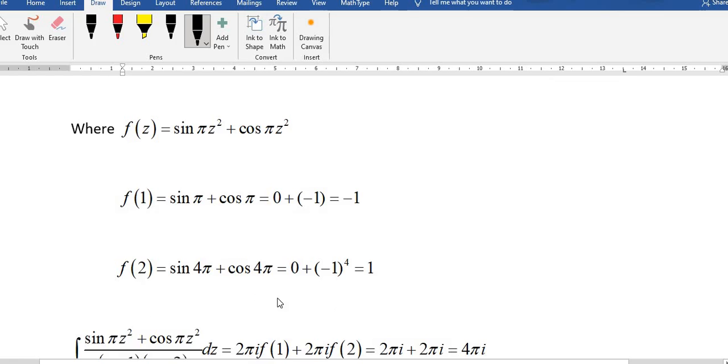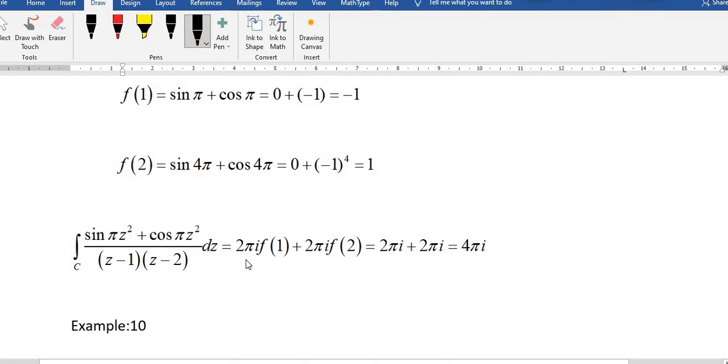Now I am going to find out f of 2. 2 square is 4. That means sin 4 pi plus cos 4 pi. Sin 4 pi is 0. Cos 4 pi value is 1. That's why I am going to get f of 2 value is 1. Substitute this step by using Cauchy's integral formula.